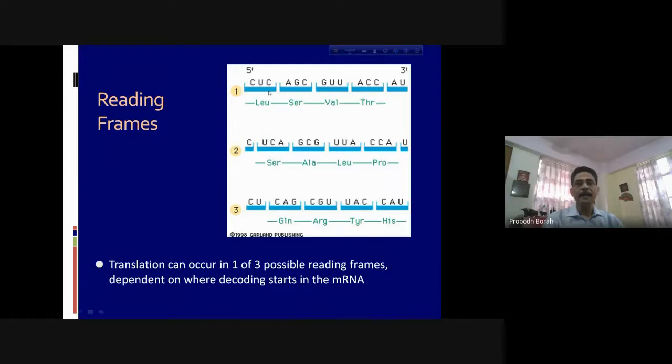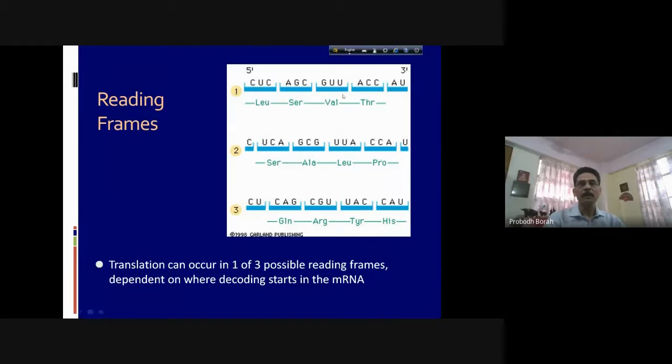This can be read in one particular strand of the DNA sequence, or one strand for that matter, the messenger RNA, in 3 different ways. You see, we do not know whether the codon starts from the first nucleotide of the sequence.